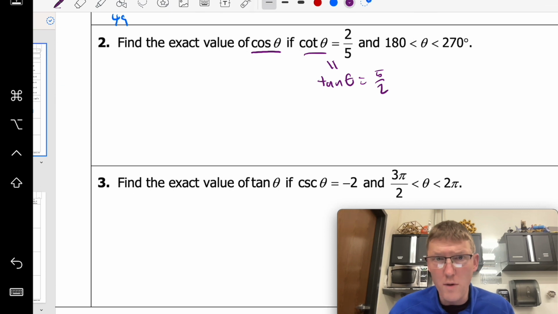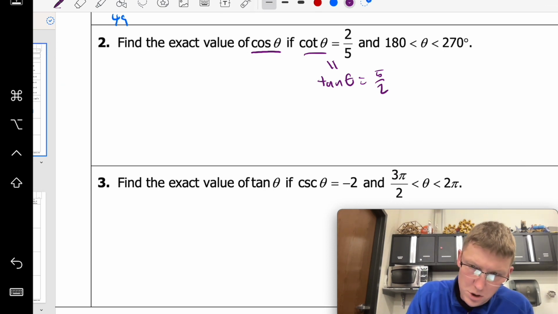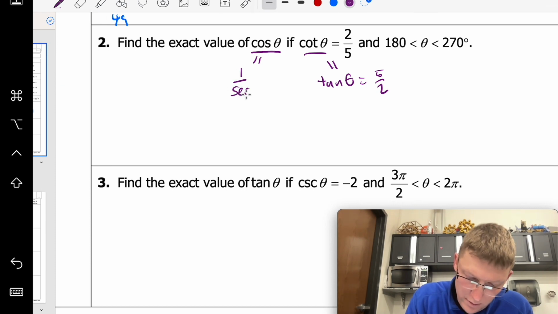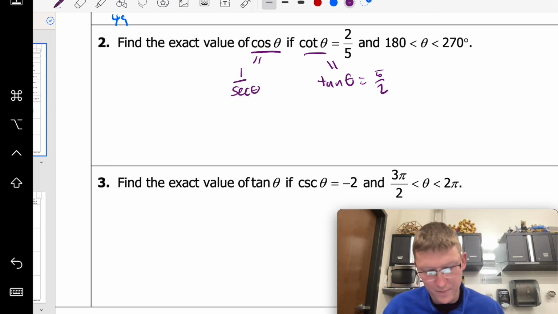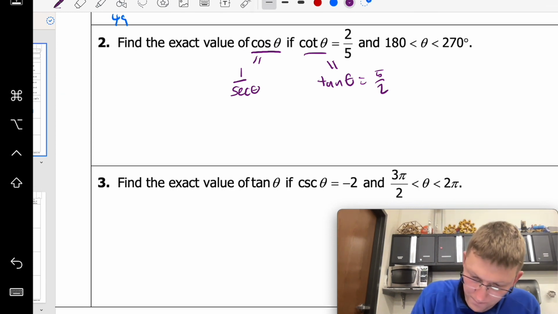Okay, so one of our Pythagorean identities is tangent squared plus 1 equals secant squared. Well, cosine is the same as 1 over secant. So if we can solve for secant, then we can use that to find our cosine, right? So let's do that. Okay, so here we go.